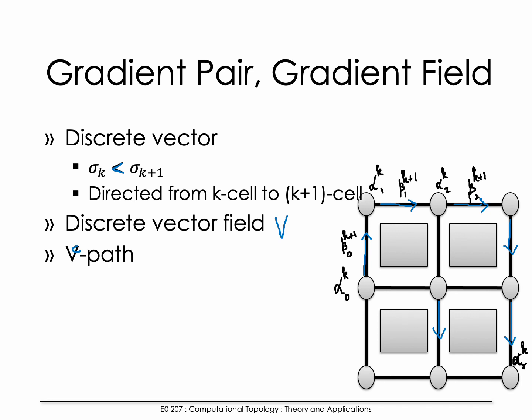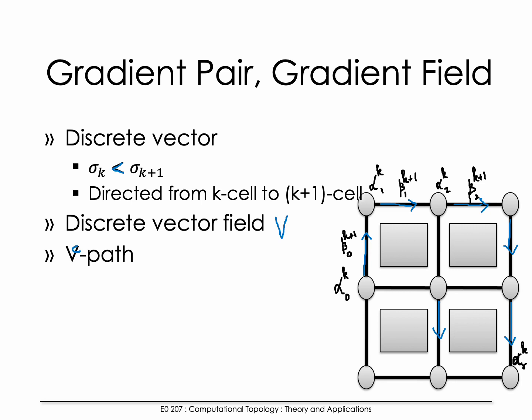So a V path is an alternating set of nodes and arcs, or arcs and two cells, which satisfies the following property.